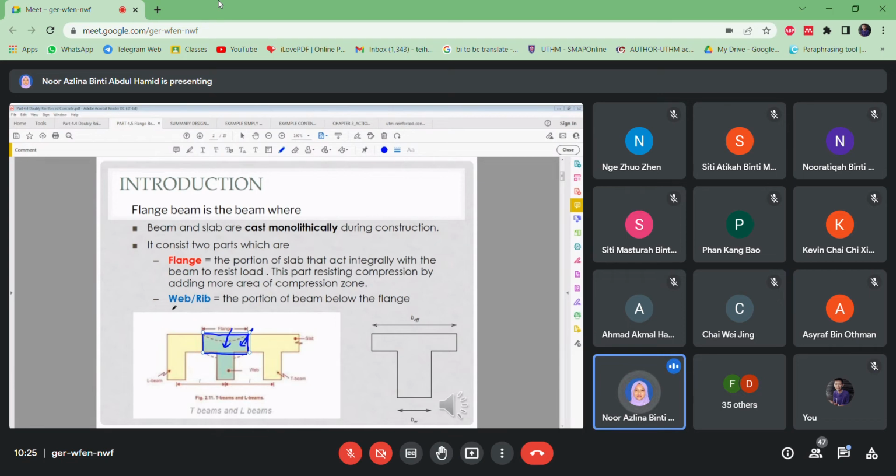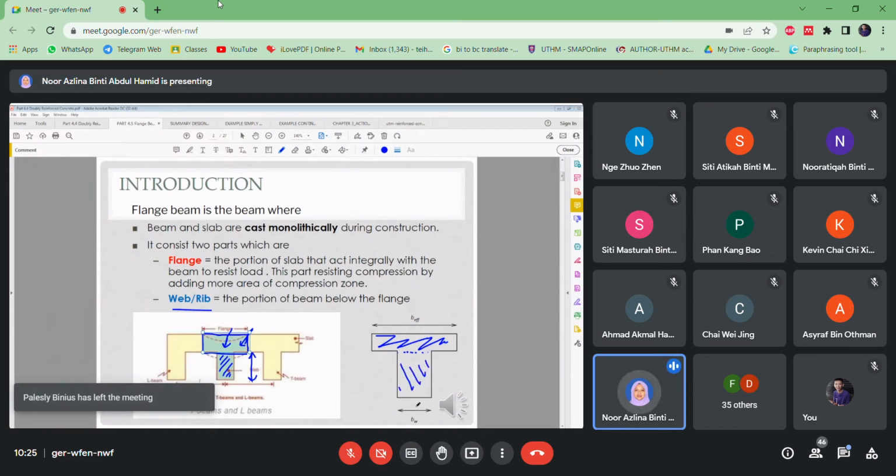So kalau web here, web yang bawah flange, okay, which is below the flange here. That's we can say which consists of the beam, okay, consists of the beam. So the top one is the flange, while the bottom of the flange, this is the web.